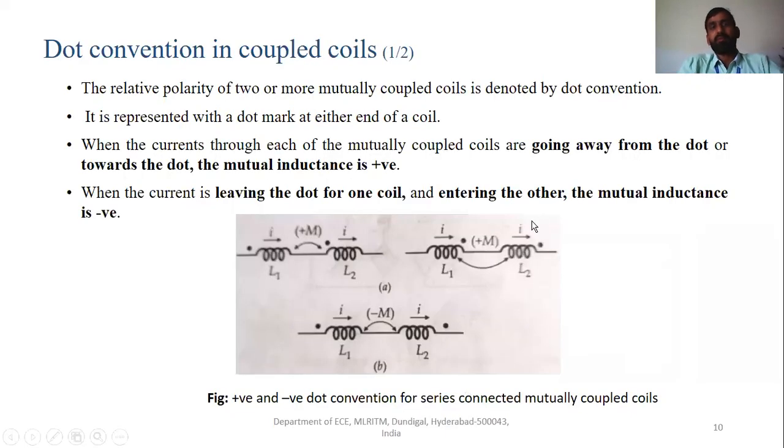Or we can say the same thing as: at an instant, if the current of one coil is leaving the dot and the current through the other coil is entering, then the mutual inductance associated with that coupled coil is negative. Let me explain with the help of this diagram.